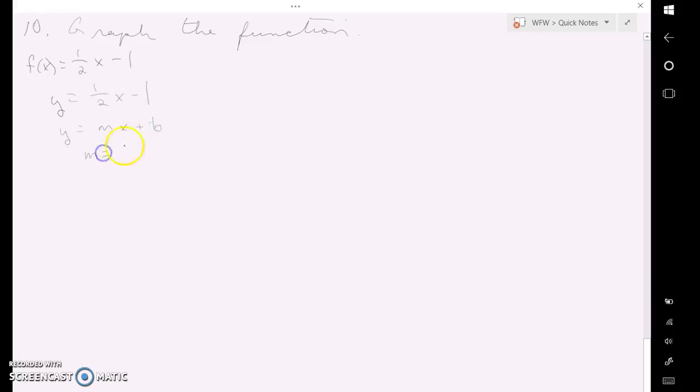So m, which is slope, equals 1/2, and b, which is where it crosses the y-axis, is negative 1. So if they ask you what the y-intercept is, it would be when x equals 0, y equals negative 1. So we go to y equals negative 1, take that b and put it right on the graph, and then we use the slope to count.